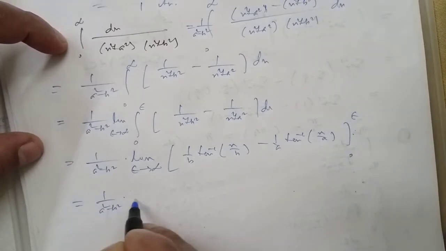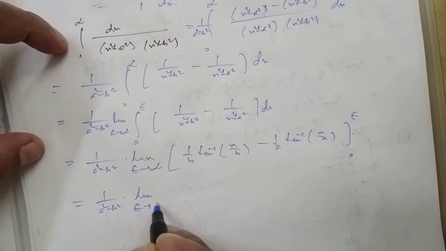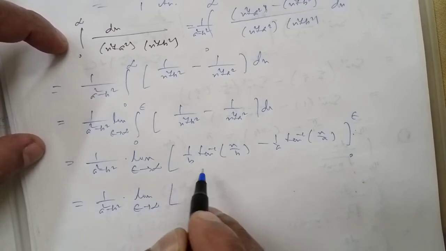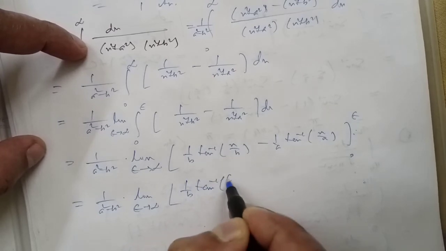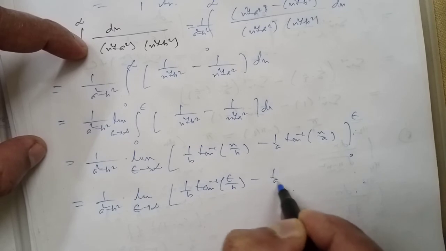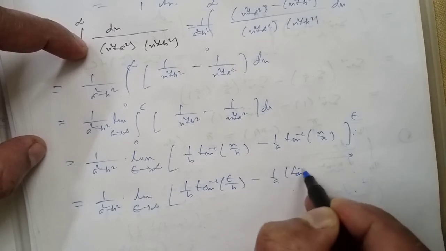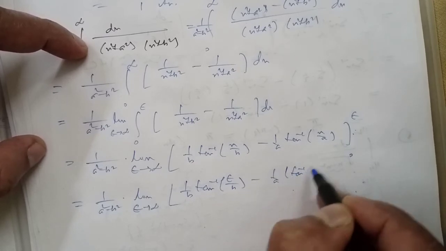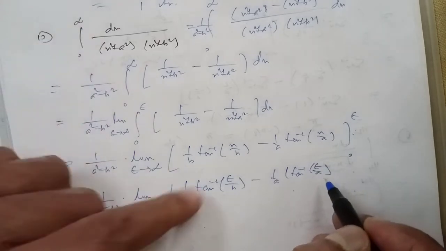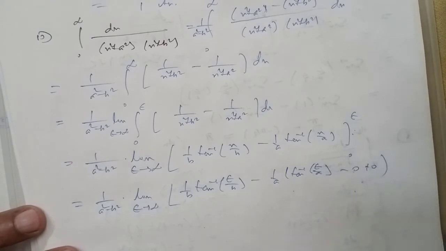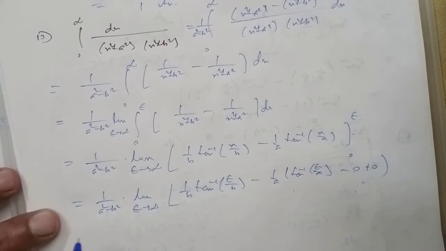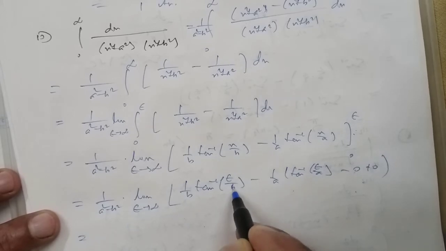First put epsilon here, so you get 1 by b tan inverse of epsilon by b minus 1 by a tan inverse of epsilon by a, and when you put 0, both the terms are 0. Now if we take epsilon tends to infinity, then epsilon by b also tends to infinity.